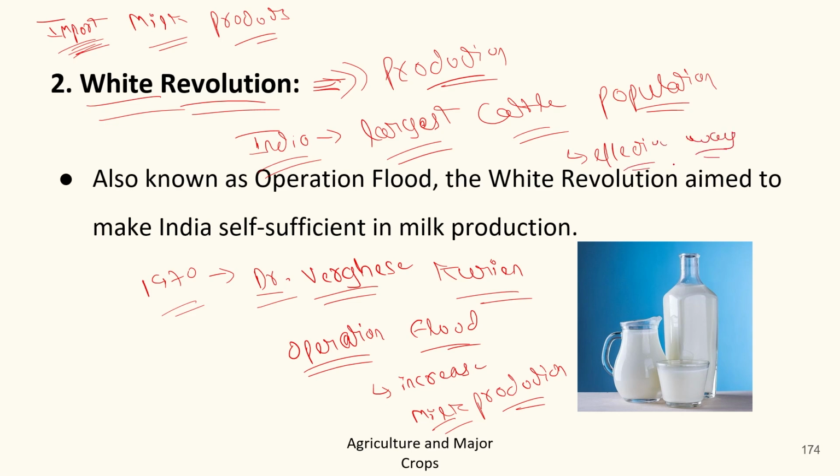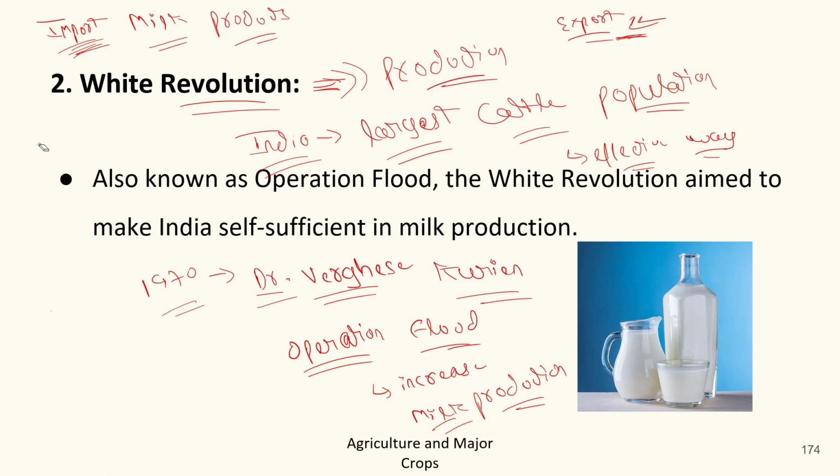So, we could export milk products. We wouldn't have to import the milk products, but we could export them. Okay, so Dr. Verghese Kurian is also known as the father of the white revolution. Got it?